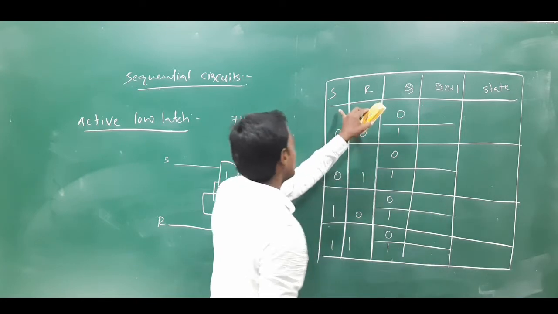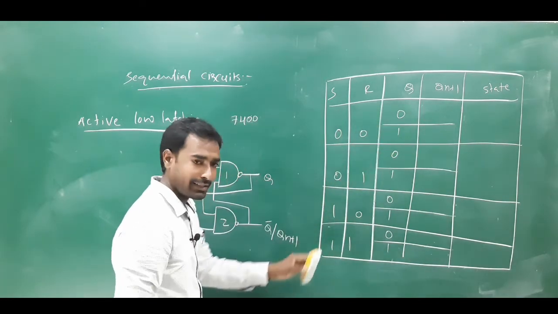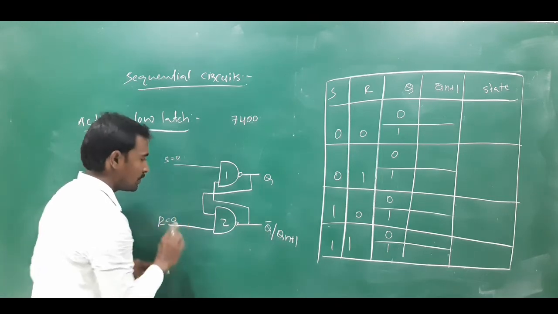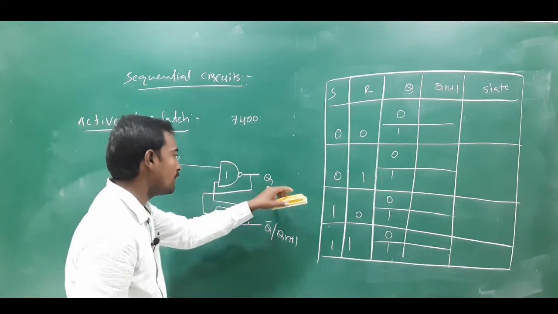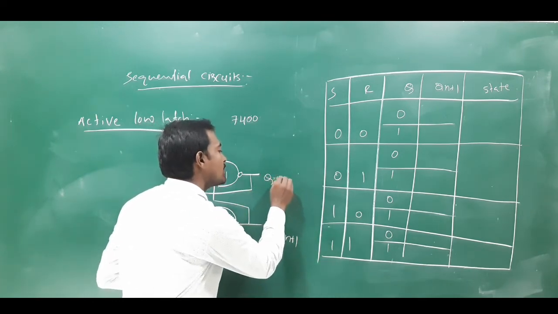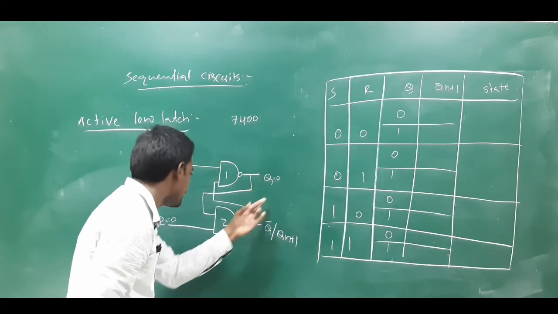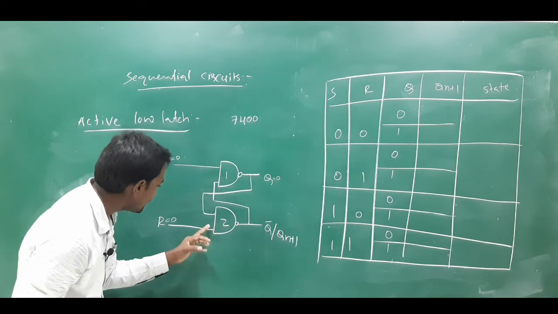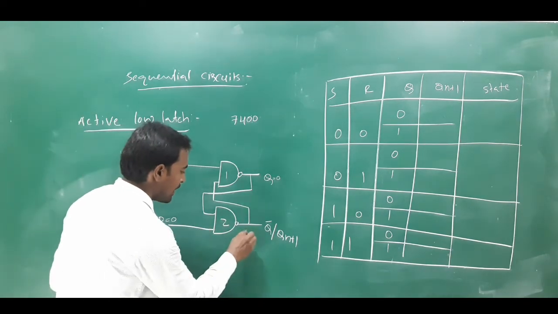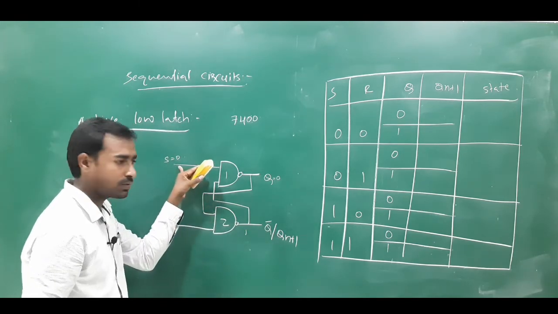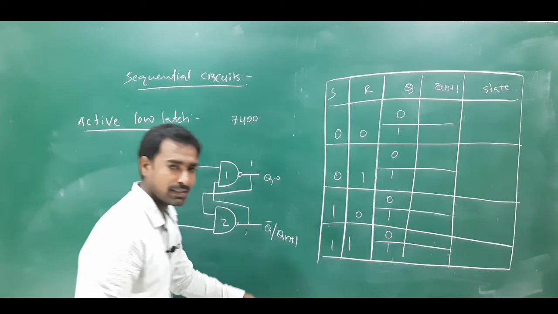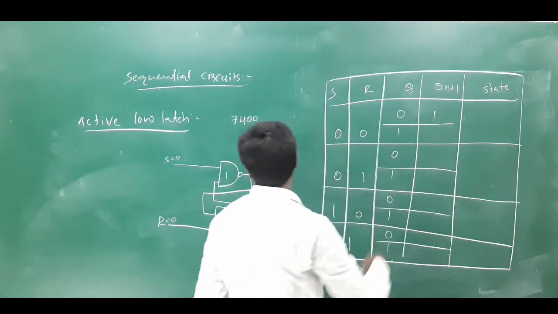For S equal to 0 and R equal to 0, imagine Q has the value of 0. Then 0 cross 0 is equal to 0, complement of 0 is 1, and 1 cross 0 is equal to 0, complement of 0 is 1, so the output is equal to 1.